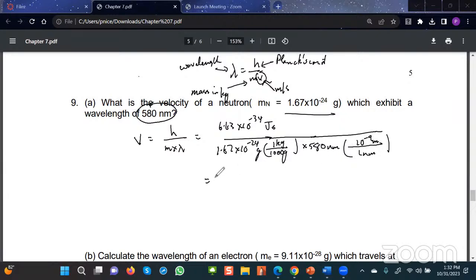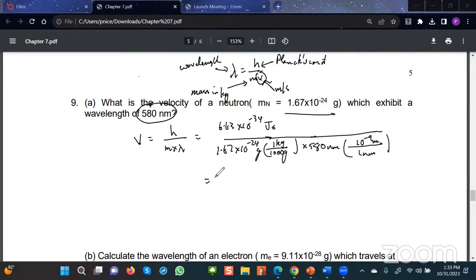So let's see here: 6.63 times 10 to the minus 34 divided by 1.67 times 10 to the minus 24, divided by 1,000, times 580 times 10 to the minus 9.